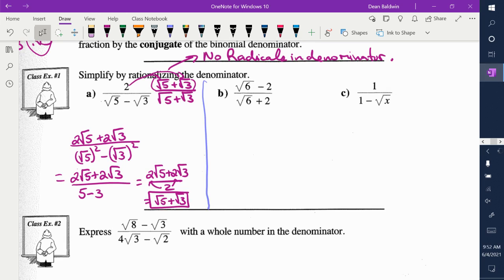Okay. What's the conjugate of root 6 plus 2? There you go. So what does the bottom become?